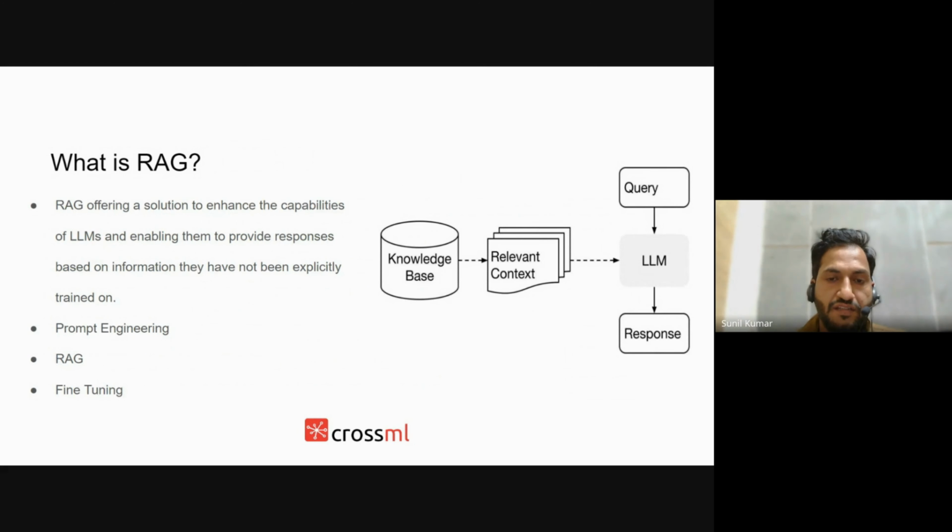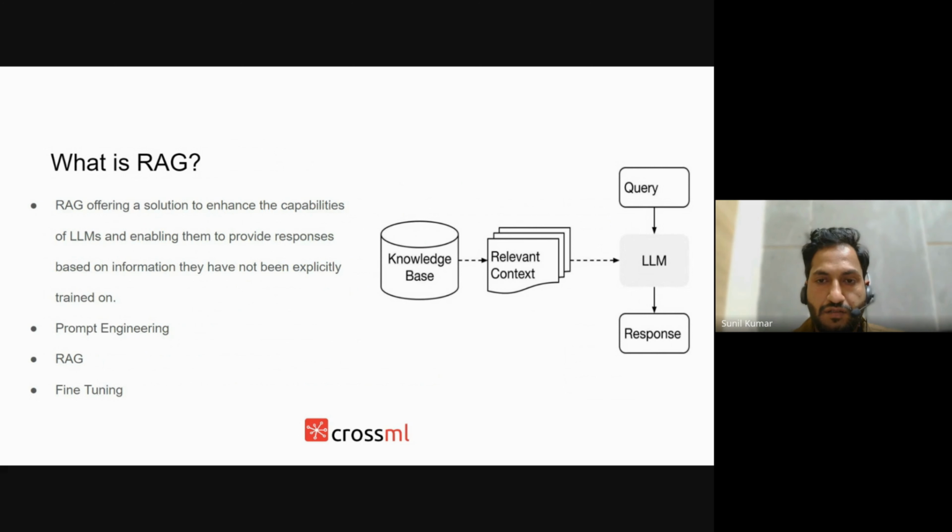So basically in this technique, suppose, if you see in the diagram, there is no RAG. So when we ask a query to our LLM model, simply by giving a prompt. Prompt, basically what is prompt?